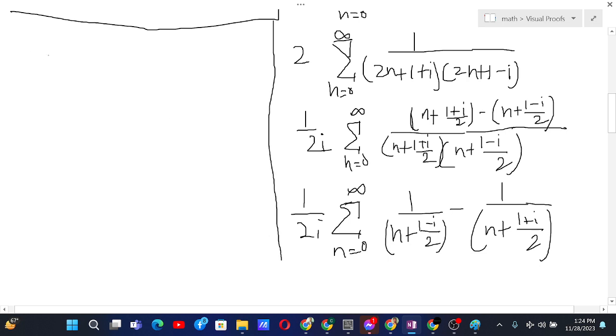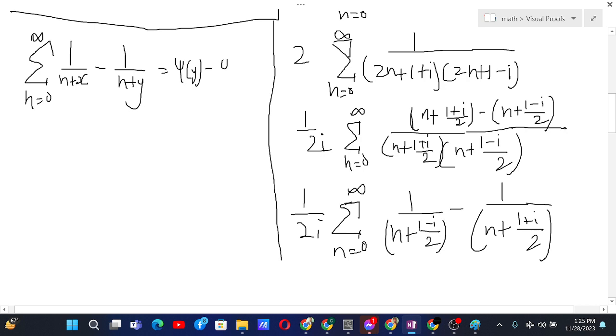Basically, we have a formula that summation from n equals 0 to infinity of 1 by n plus x minus 1 by n plus y equals digamma of y minus digamma of x. If you want to look at its derivation, it's something like this.